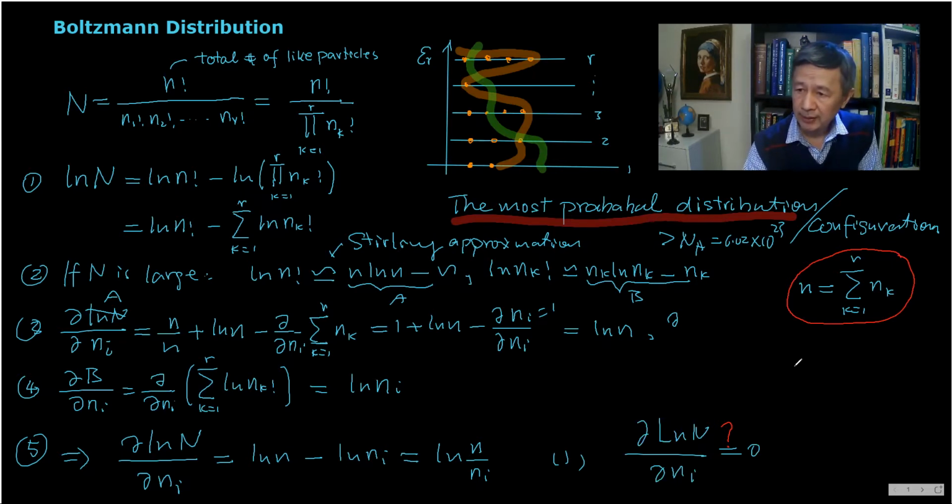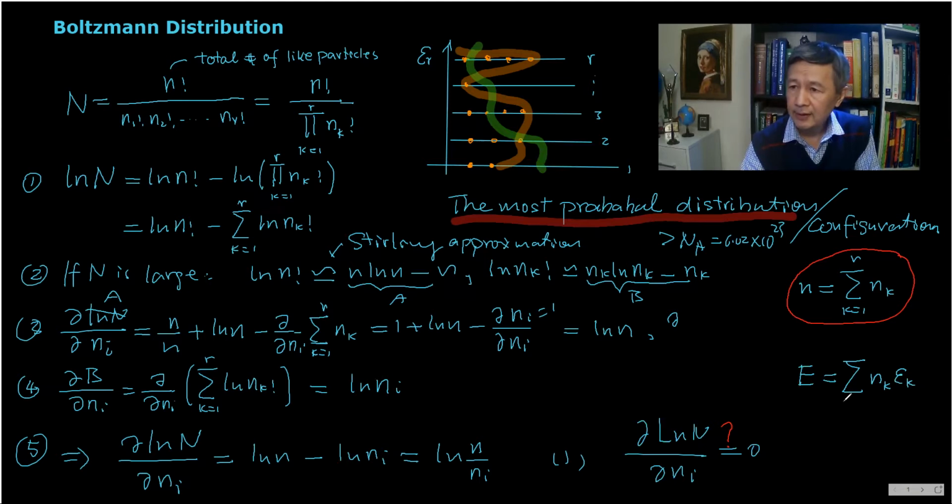So we simply say the total energy can be written as sigma of the number of identical particles in a particular energy group or energy level, multiplied by the value of the energy of this particular energy level. Can we call it epsilon k?